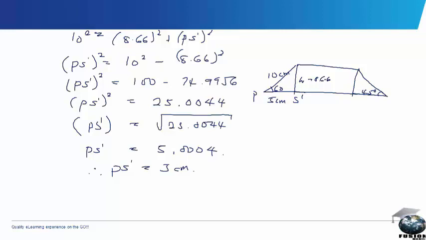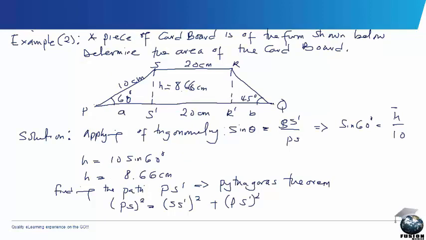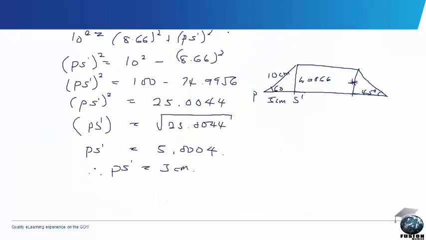Since the height is 8.66, the same height applies here, so they will be equal. And then we have 20 cm here, and this will be 20 cm too. All we are doing is finding the length of this side, so that when we add them together we can determine the area of this trapezium.